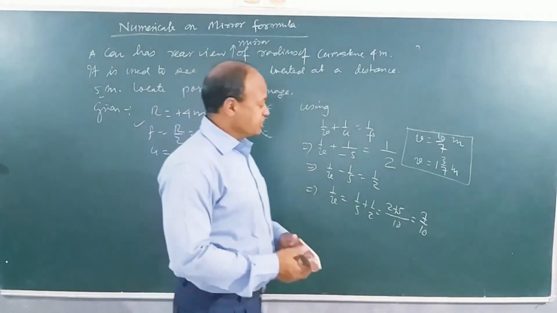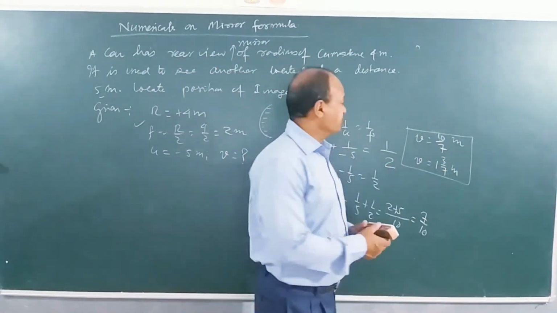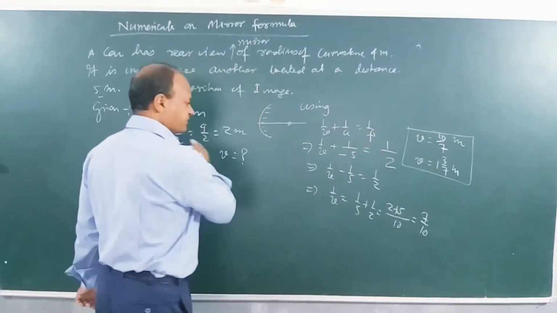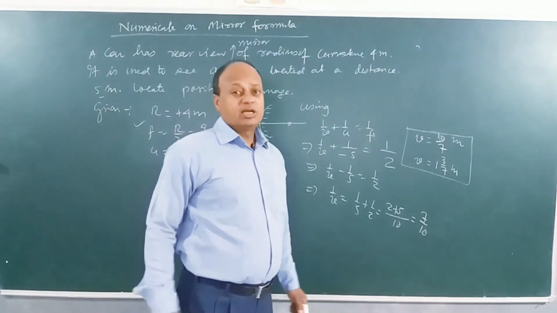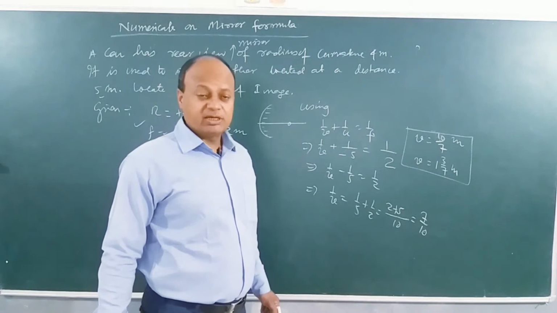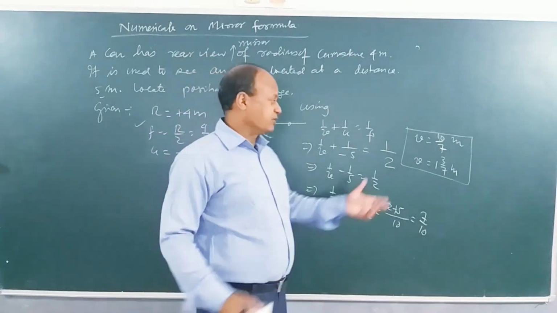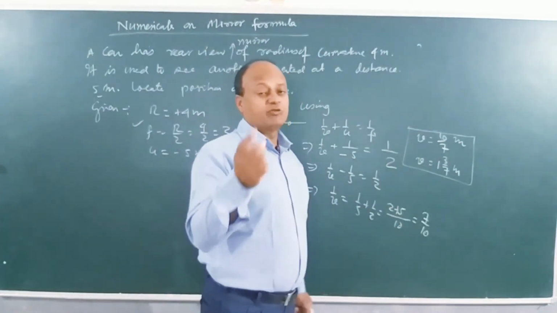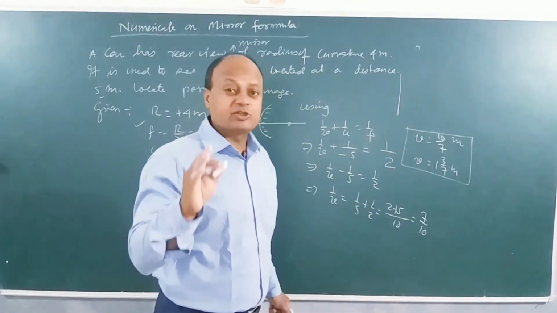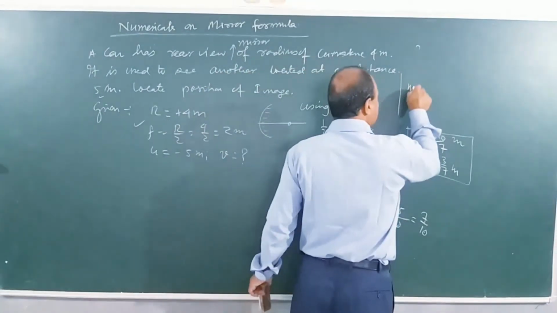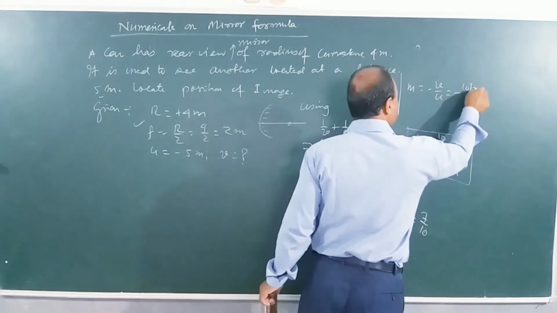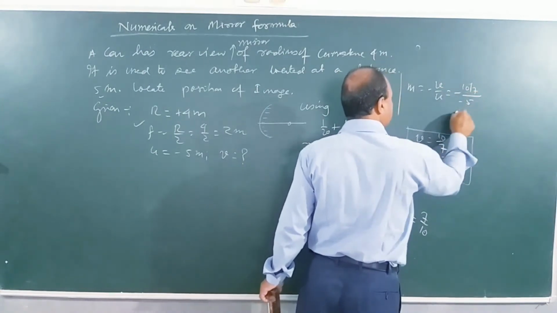Now v is positive, you can see. That means the image is coming on the other side, positive, when the object is on the left. They can ask you, what is the nature of the image? So we know the nature to be virtual. We can easily calculate nature. If they ask to calculate magnification, which is not said in the question, magnification is minus v by u, minus v is 10 by 7 and u is minus 5.